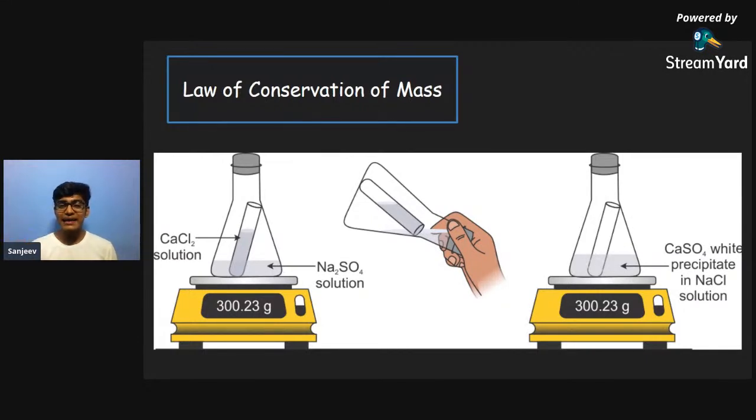As you can see in the diagram, calcium sulfide, a white precipitate, will be formed. What is a white precipitate? It is powder. If we look at the solution, there will be powder at the base of the conical flask to symbolize that the chemical reaction has taken place.